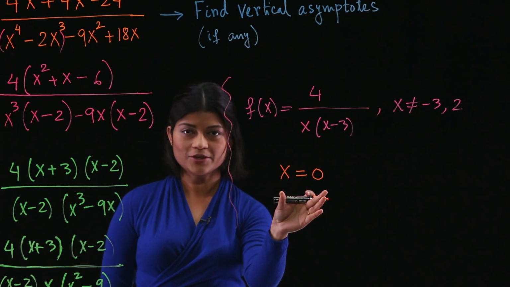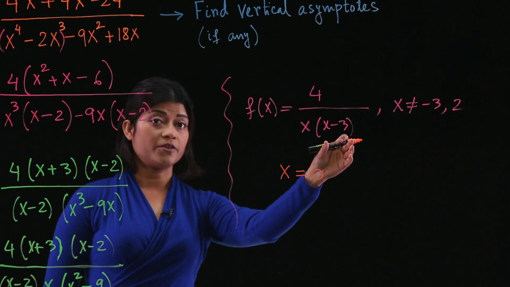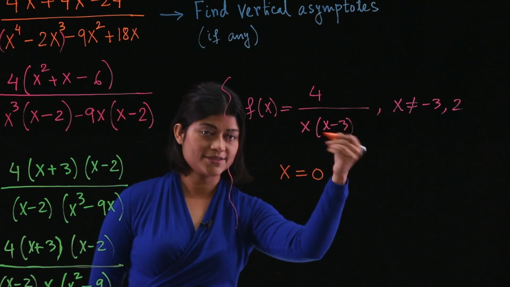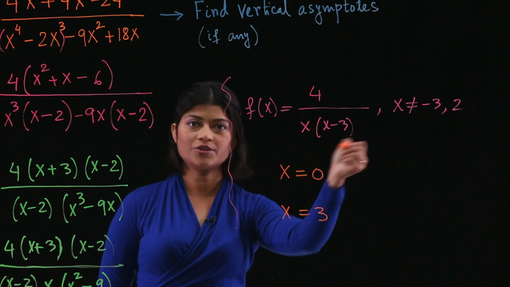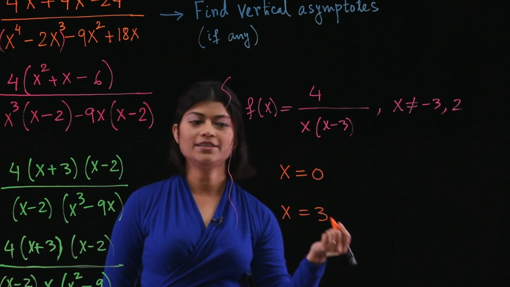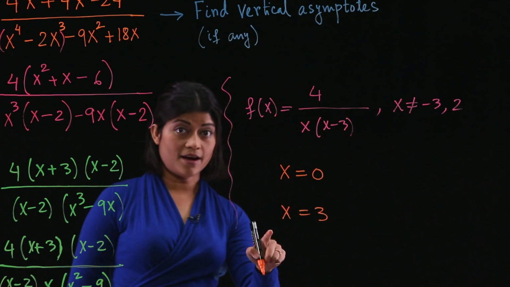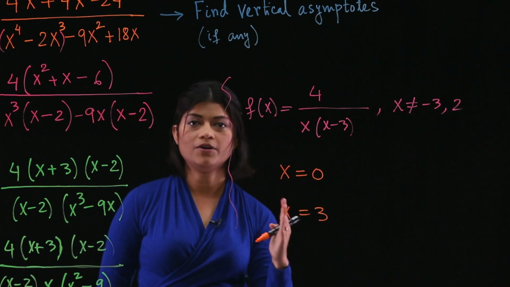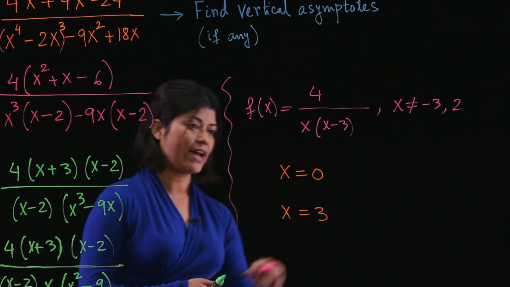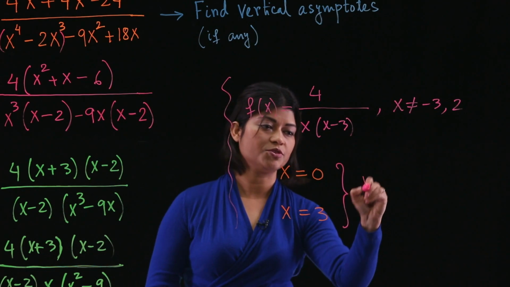Therefore, this is a vertical asymptote. Also for x minus 3, when that is 0, that means x is equal to 3. Same thing happens. Denominator 0, numerator obviously not 0. So these are the equations of the vertical lines that will give vertical asymptotes. So we have two vertical asymptotes.